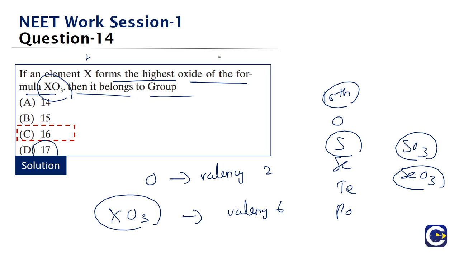So when they show a maximum valency of 7, iodine will be able to form I2O7. Okay, so the nitrogen group, 15th group, can form a maximum valency of 5. So accordingly, we will have the oxide formula changing.